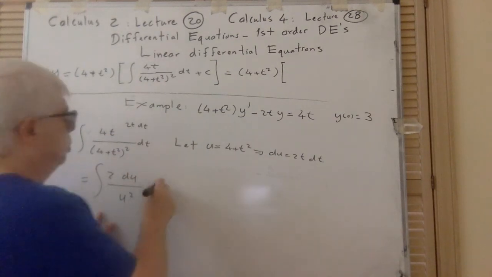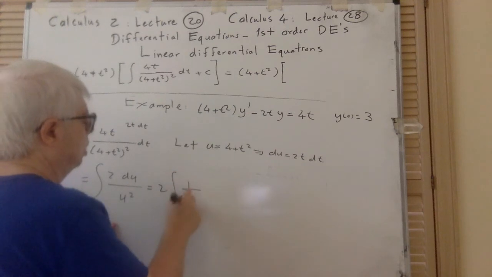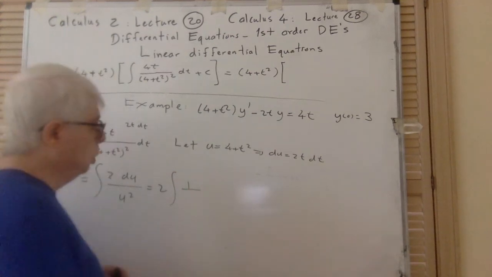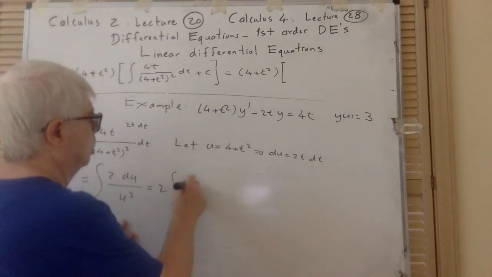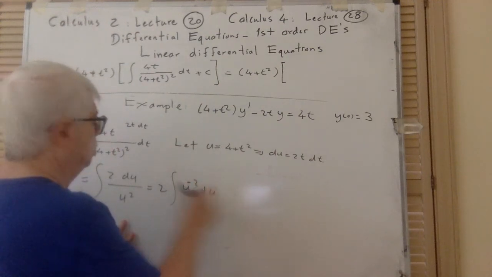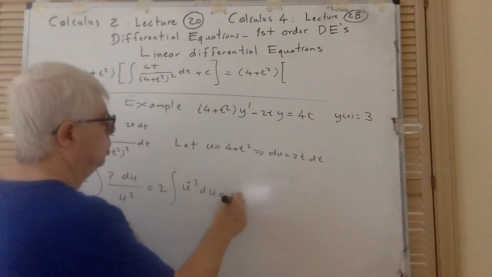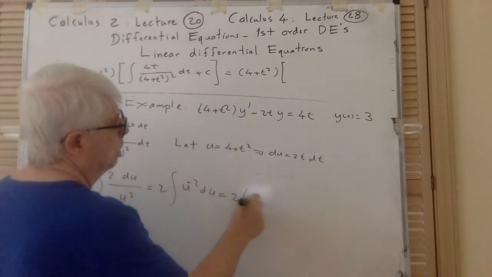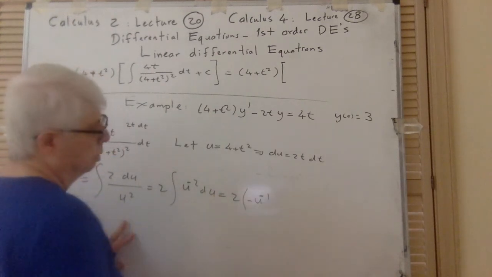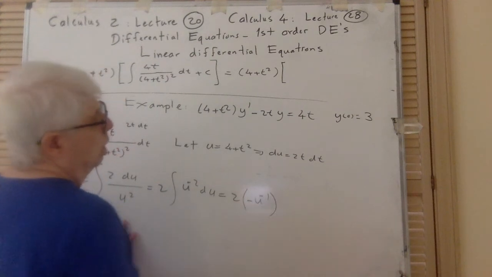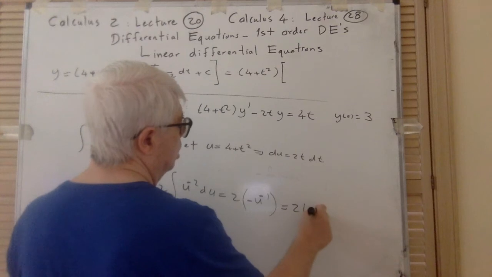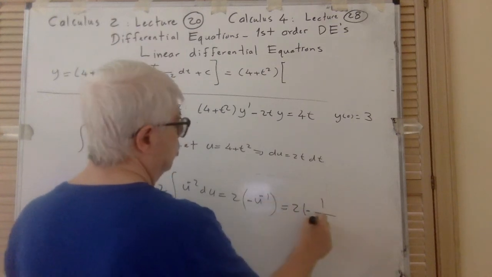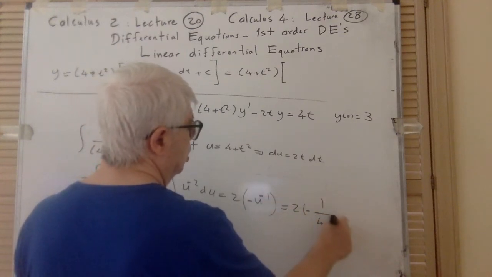And so I have 2 integral u to the power negative 2 du, and that is 2 times minus u to the power negative 1, right? So it is 2 times minus 1 over 4 plus t squared.